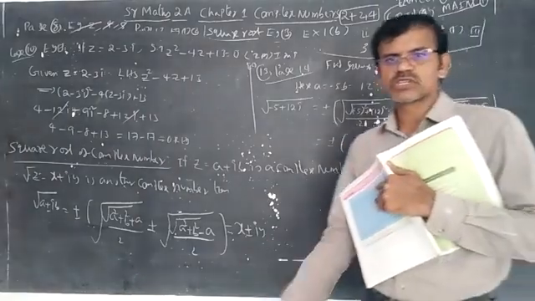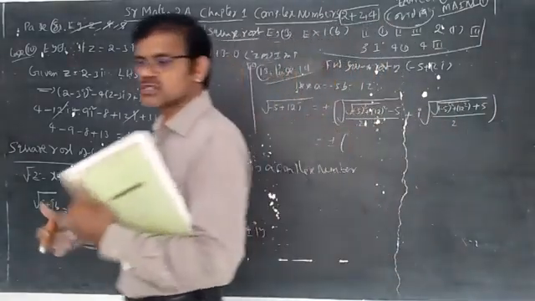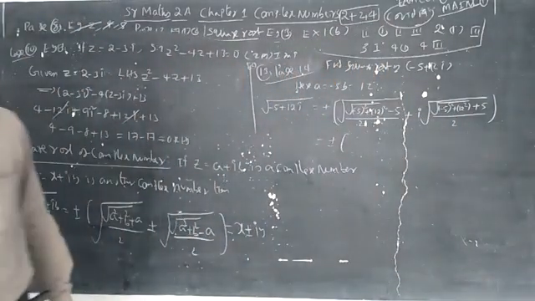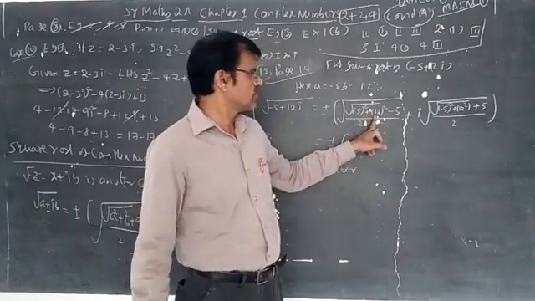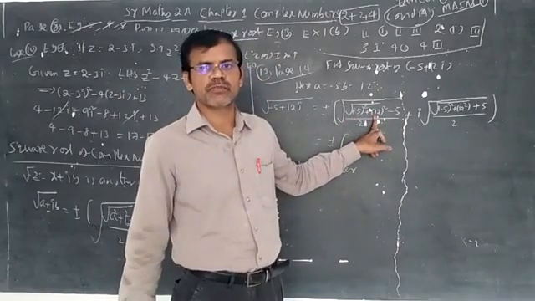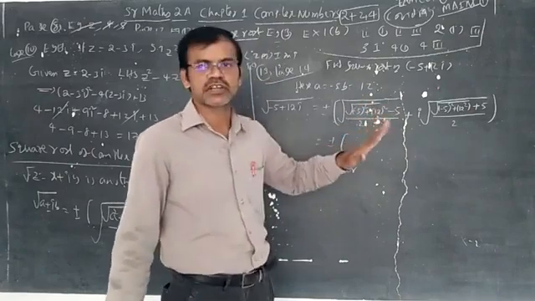Now you can understand plus or minus. Of course, root 16 has value plus or minus 4, like that we write plus or minus for complex numbers also. What is the value of 5 square? This is 25, this is 144. 25 plus 144 becomes 169. Root of 169 is 13.